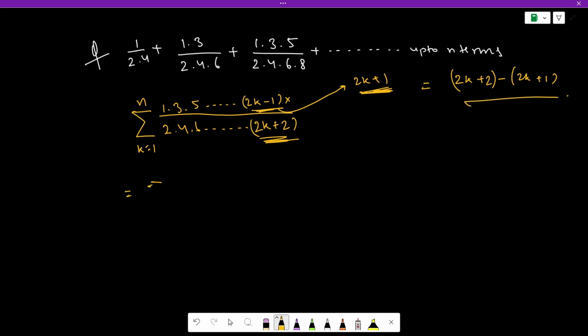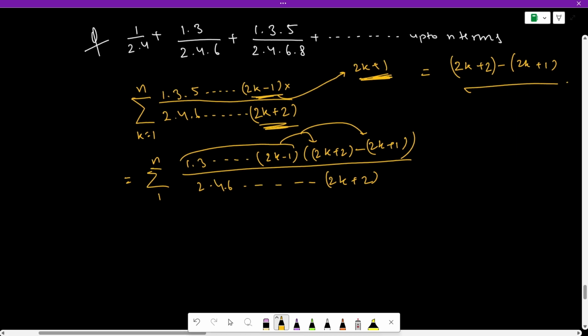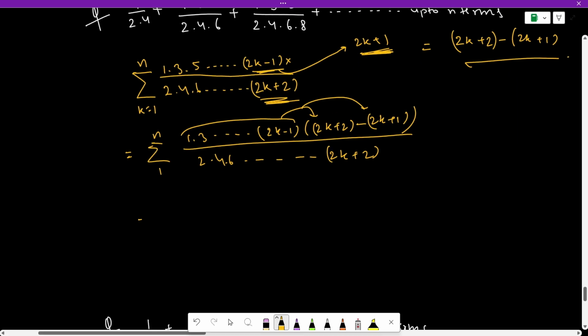So you can just multiply it by this value. So this will be summation 1 to n, 1 3 so on till 2k minus 1 into 2k plus 2 and minus 2k plus 1, divided by 2 4 6 and so on till 2k plus 2. Now multiply this complete value with this and break this. So now let's see what we get.